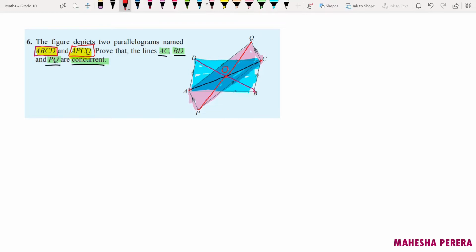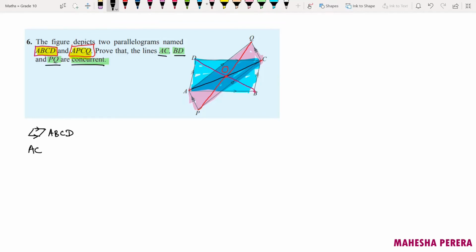Right, now let's prove this. Let's write like this. Now let's take the blue color parallelogram, that is parallelogram ABCD. So in parallelogram ABCD, what can you say?